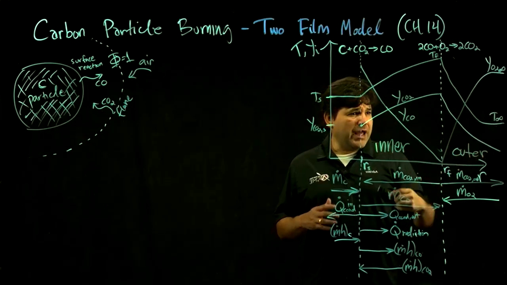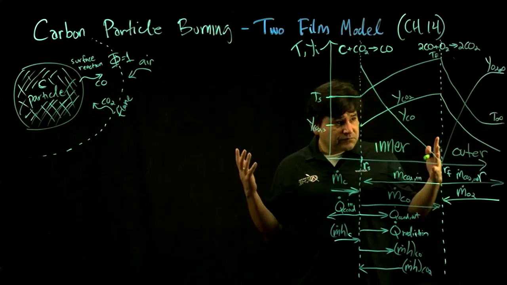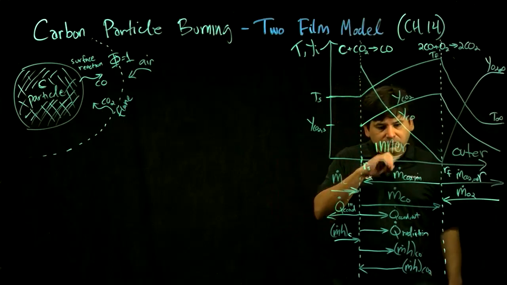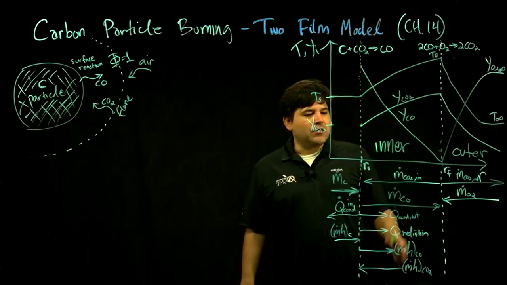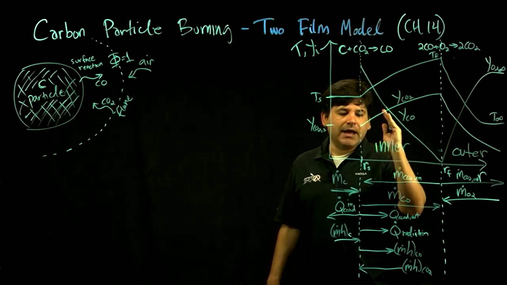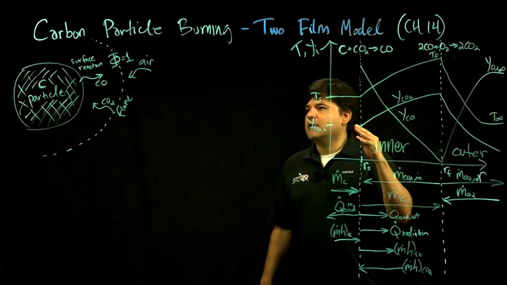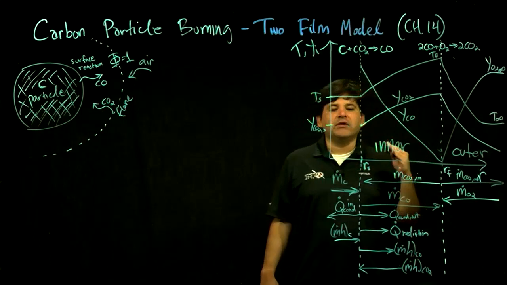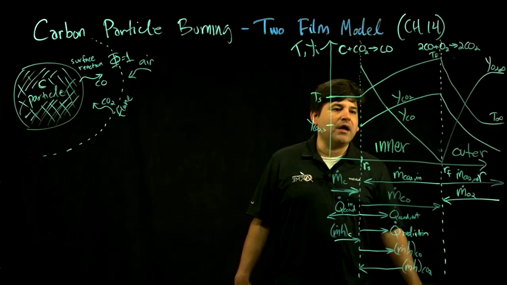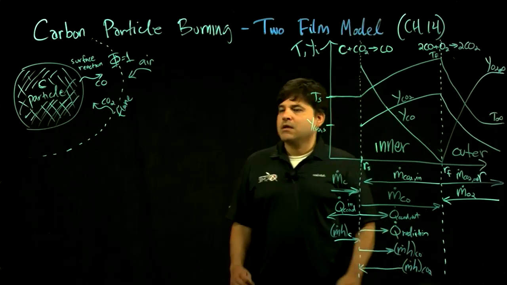You probably know the ambient temperature or some furnace temperature away from the particle. And from all of these balances of mass, species, and energy, we can try to solve the governing equations to get a feel for all of these parameters of the process.